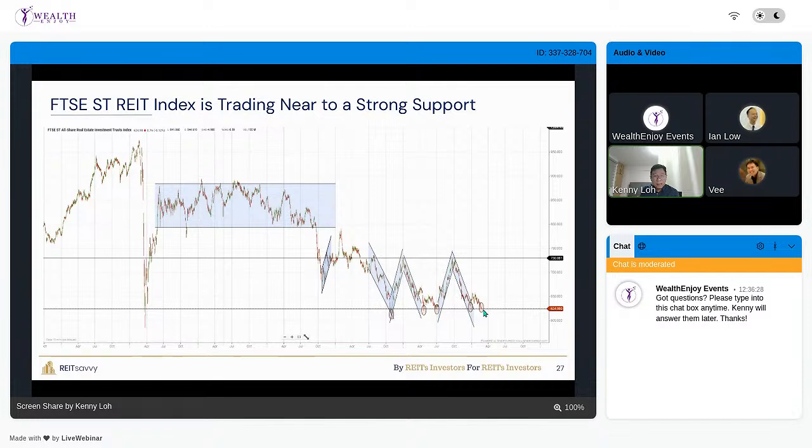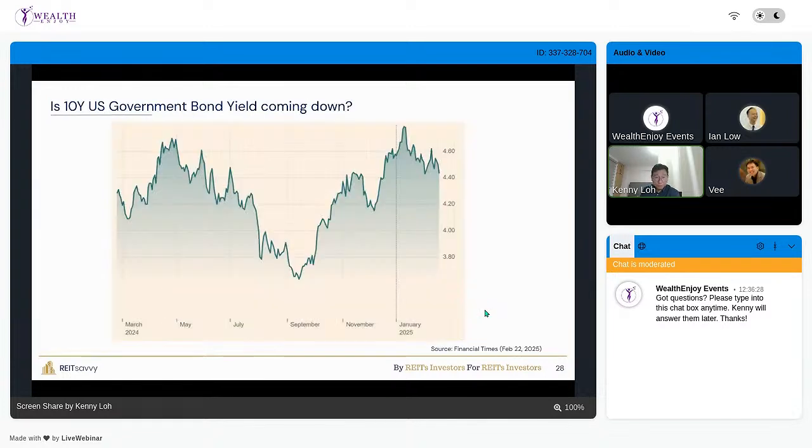But we need to really look at the US 10-year risk-free rate. Later, I'll touch on the US 10-year risk-free rate to see what the direction will be. So in short, the REIT index is now trading close to very strong support. We will see whether in the next 1 or 2 weeks this strong support can be held.